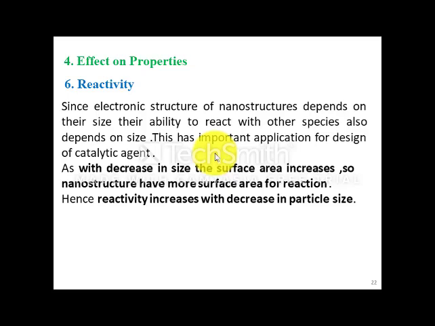So similarly, when we talk about reactivity, when two reactants react with each other and form a product, it is very simple: both of them will collide with each other, their surfaces will react with each other, and those materials which have their surfaces more exposed to the external environment will react more efficiently. So we can say that the reactivity increases with decrease in particle size.